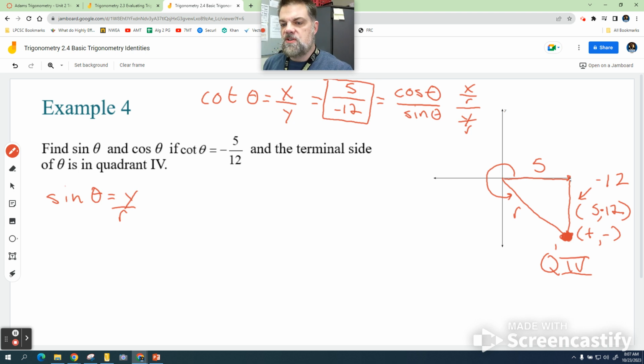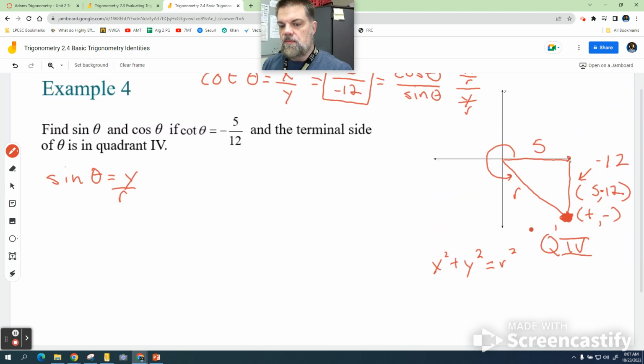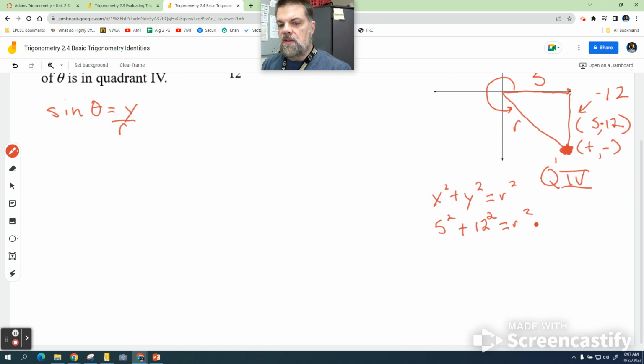So probably the easiest way to do this is just go ahead and do the Pythagorean theorem, right? So we know that x squared plus y squared is equal to r squared. And then again, that means that 5 squared plus y squared is equal to r squared. Well, 25 plus 144 is equal to r squared.